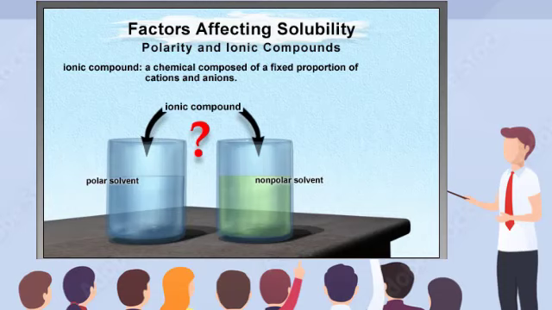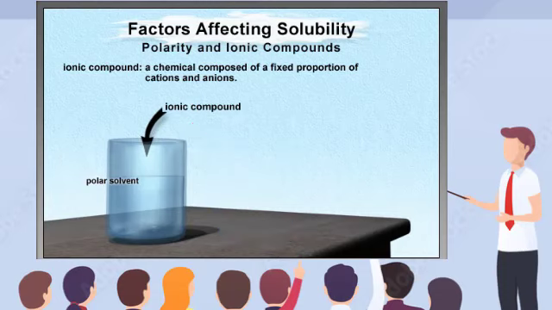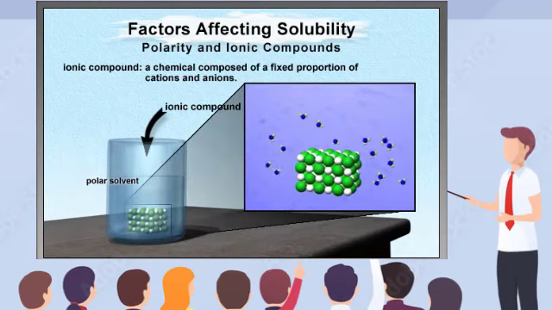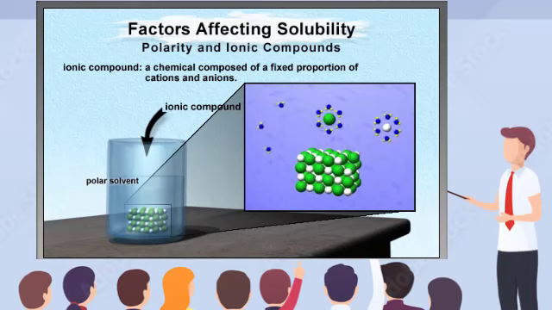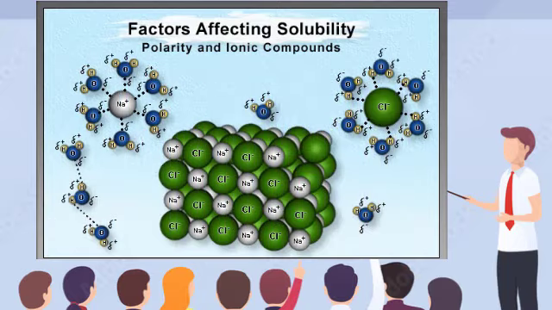Ionic solids do not dissolve to a significant degree in nonpolar solvents, but they are generally soluble in polar solvents. The reason ionic compounds dissolve in polar solvents is ionic compounds dissociate, or break apart, into their constituent ions. The ions possess charges, so they are attracted to the oppositely charged ends of polar molecules.